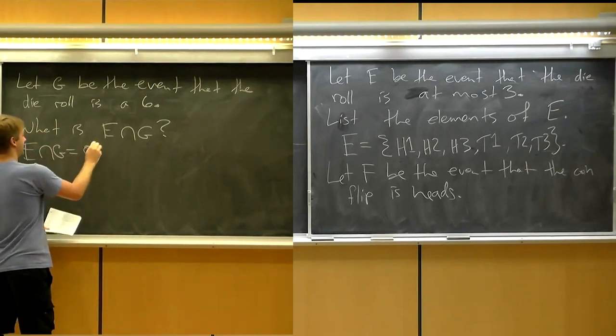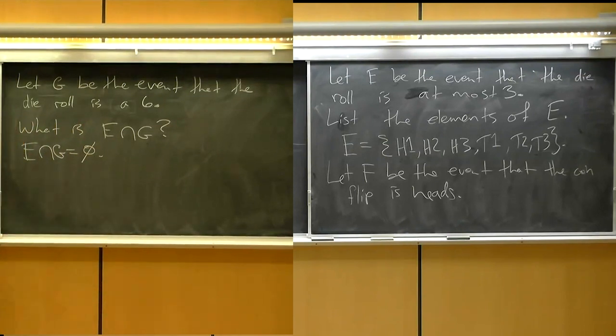There's nothing in common, because it's impossible for the die to roll at most 3 and 6 at the same time, right? 6 is bigger than 3. So this is like the event that when you roll the die, it's at most 3, and simultaneously it's equal to 6. But that's just not possible, right?